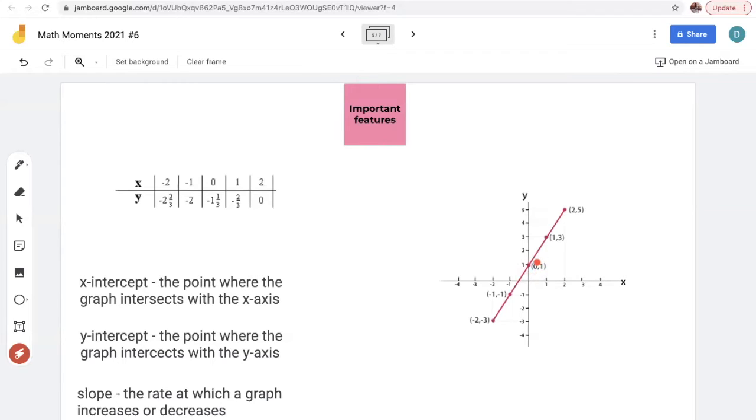So, for example, take this point (0, 1). We consider 0 to be right here in the center, and then 1 signifies we go up 1. So what this is telling us is we went 0 left and right, and then we went 1 up. Now, if we take a look at (1, 3), we went right 1 to get here, and then up 3: 1, 2, 3, to get up to this point.